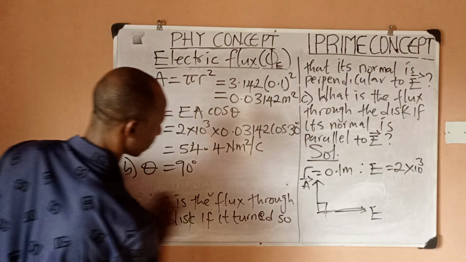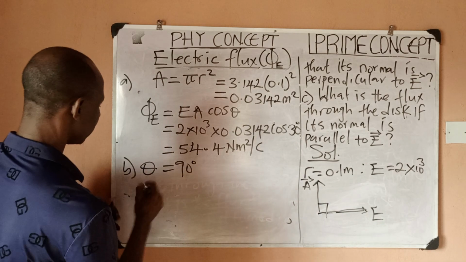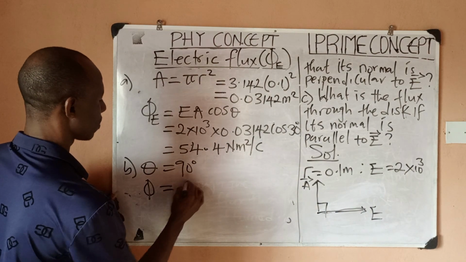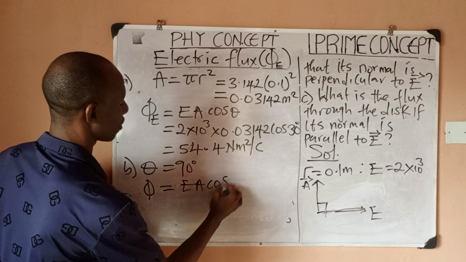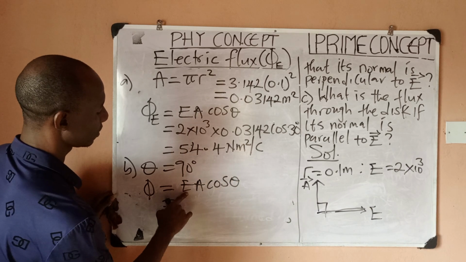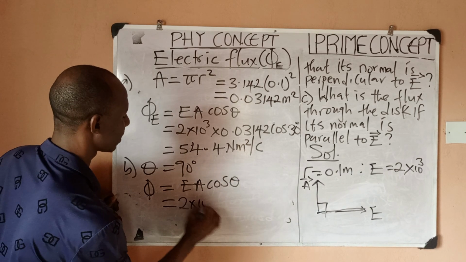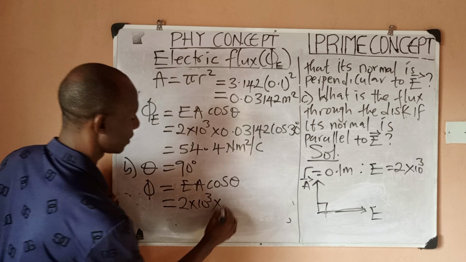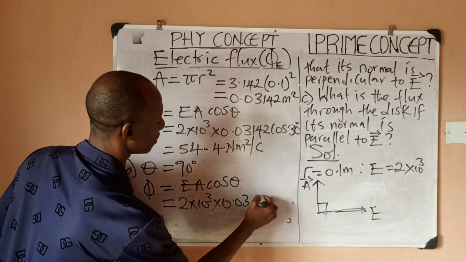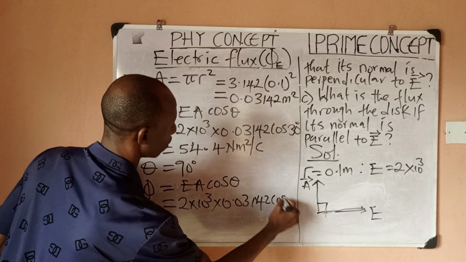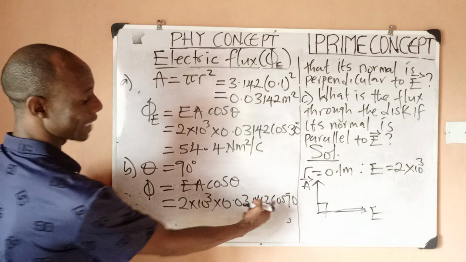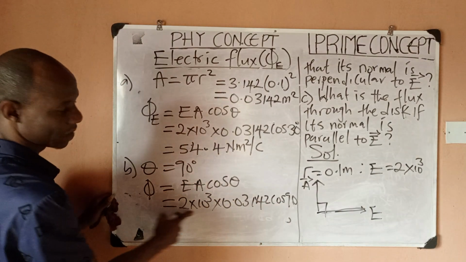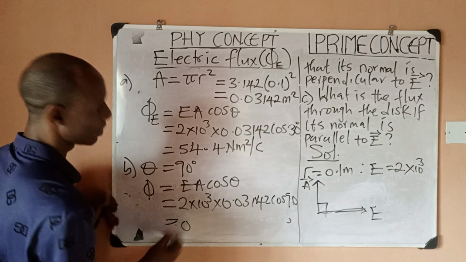So under this condition, our flux phi equals EA cos theta is going to be E, 2 times 10 raised to the power 3, times A, 0.03142, cos 90. Because cos 90 is 0 and you multiply everything by 0, your answer automatically becomes 0.